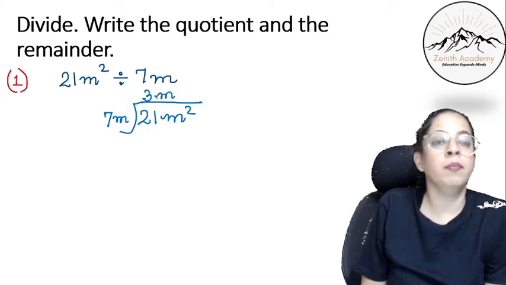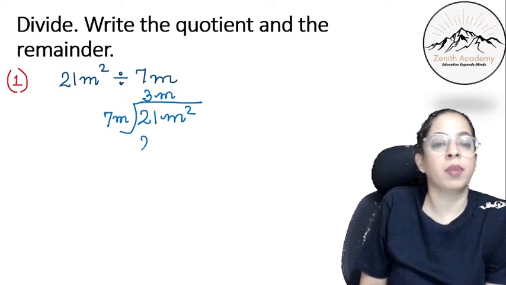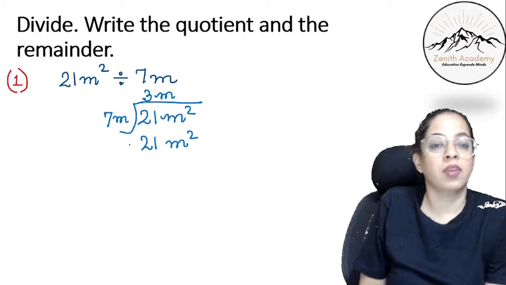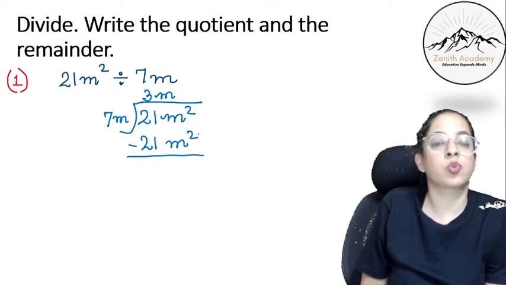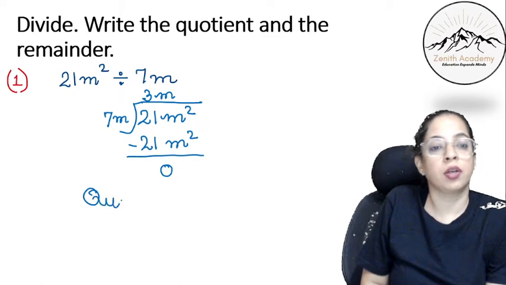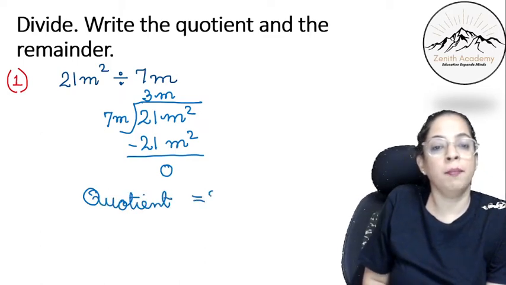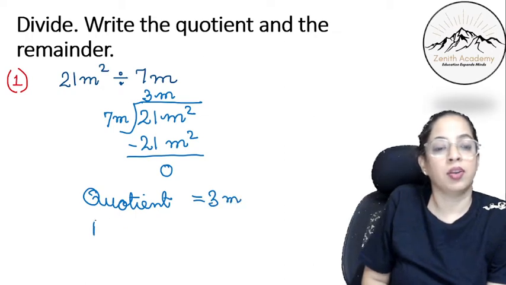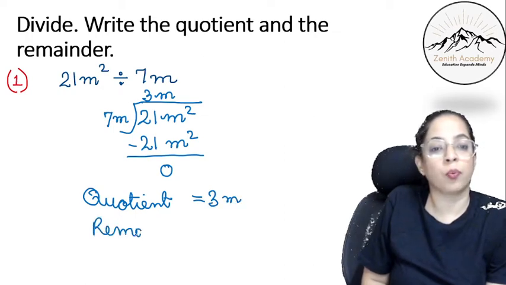So 7m into 3m will become 21m square. Now since we have to subtract this, positive 21m square and negative 21m square get cancelled and you get a 0. So the quotient that we have is equal to 3m and the remainder is 0.